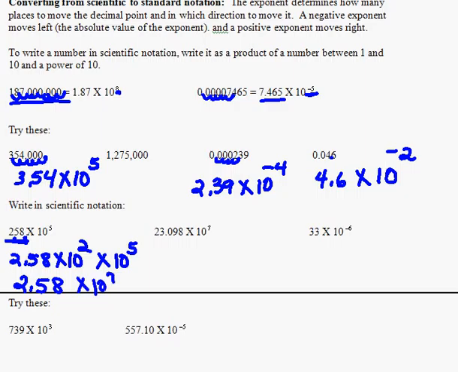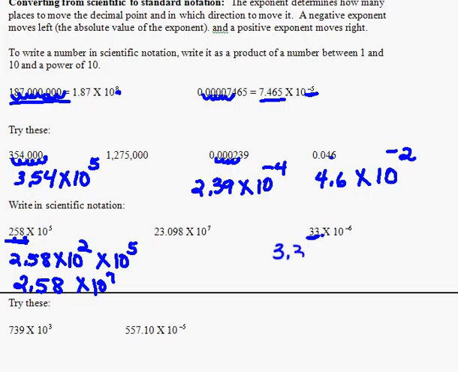Okay, let's move down to 33 times 10 to the negative 6. Again, it almost looks like I'm in scientific notation. The reason that it isn't is because 33 is not a number between 1 and 10. It's greater than 10. So the first thing I'm going to do is move my decimal point from where it is behind the second 3 to between the two 3's.